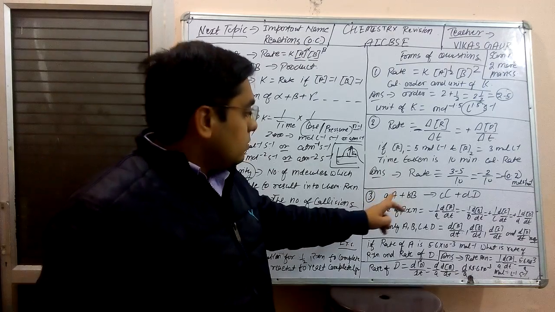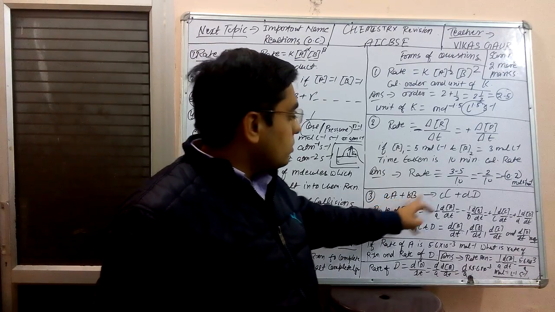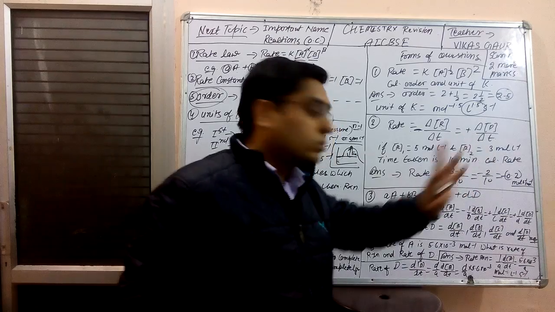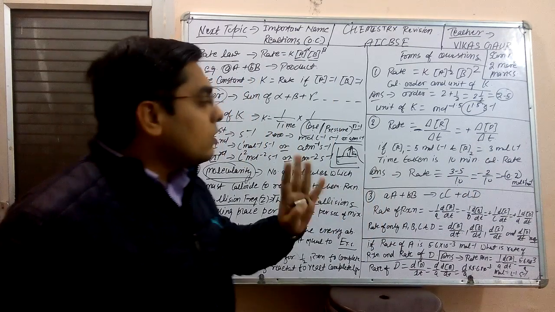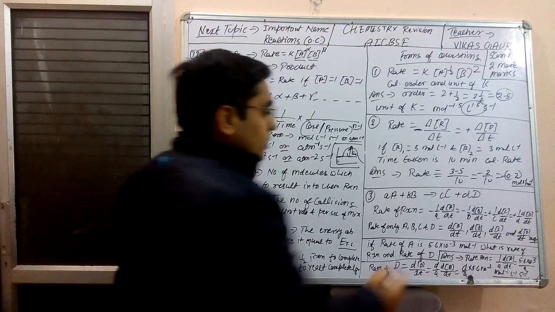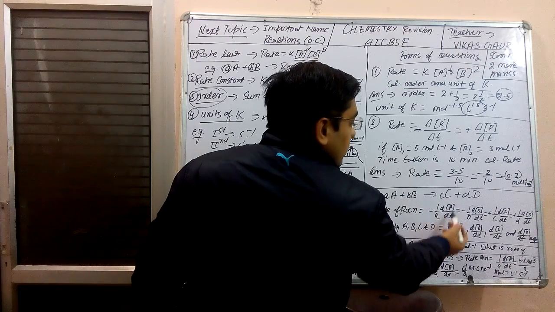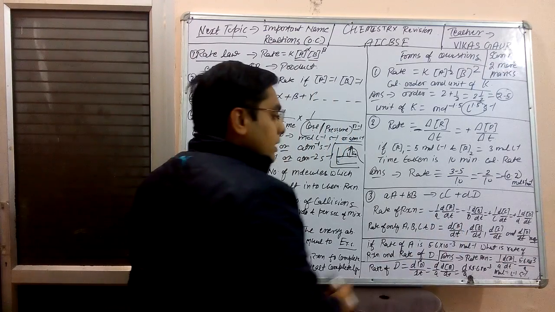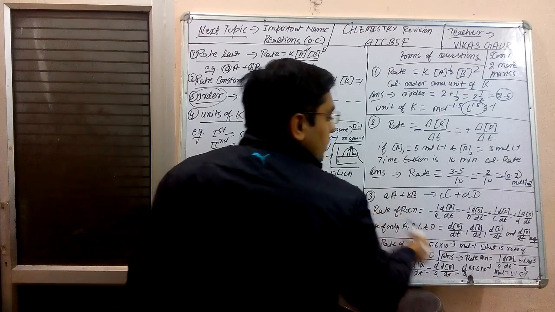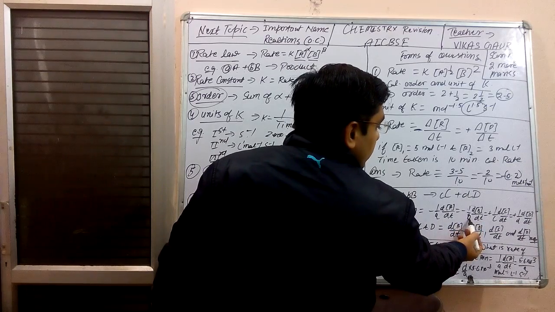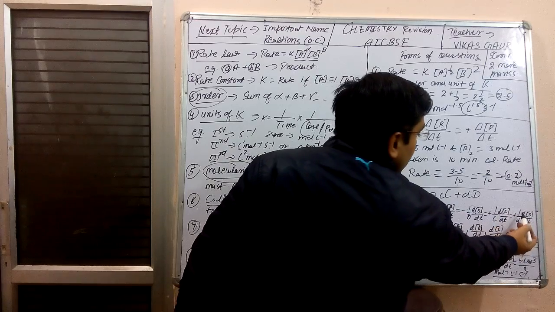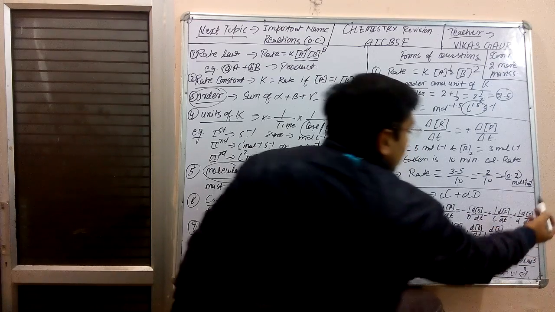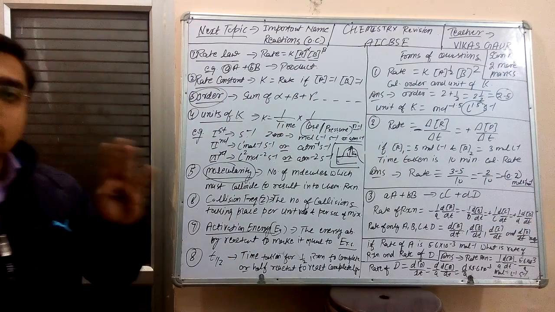Number 3, general reaction: a moles of A, b moles of B form c moles of C and d moles of D. Then the rate of the reaction will become equal in each term when the rate of A, dA by dt, small change in A by time, divided by its coefficient a, is equal to either 1 upon b dB by dt or 1 upon c dC by dt and 1 upon d dD by dt. These are the rates of reaction.